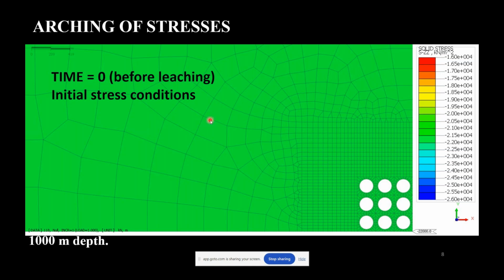Because I assumed a unit weight of 22 kilonewtons per cubic meter for both the overburden rock and the rock salt, the vertical stress at this depth is 22 megapascal, or 22,000 kilopascal, which is the unit shown here.